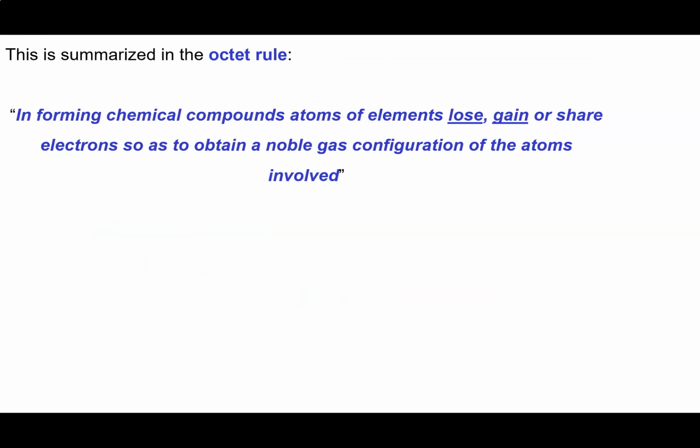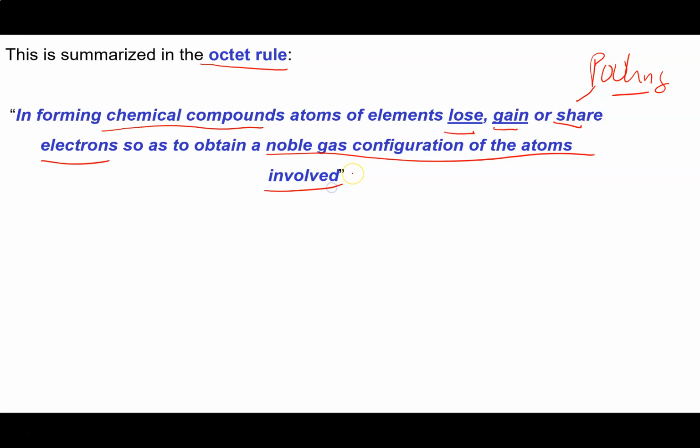So this idea is summarized by the Octet Rule and explains why atoms form chemical bonds to one another. The Octet Rule states that when chemical compounds form, atoms will either lose, gain, or share, sometimes referred to as pooling, electrons, so as to obtain a noble gas configuration of the atoms involved.